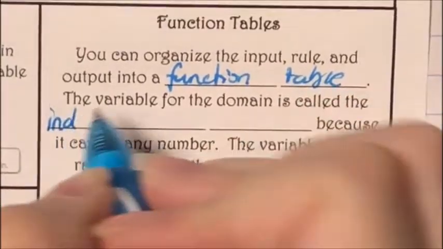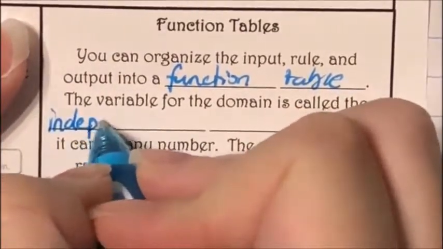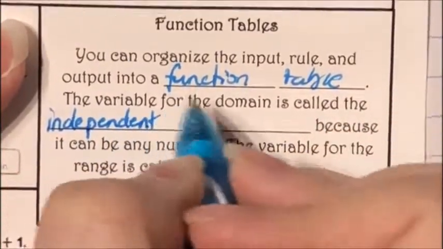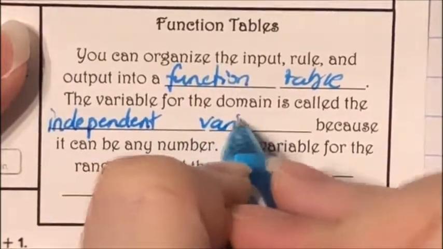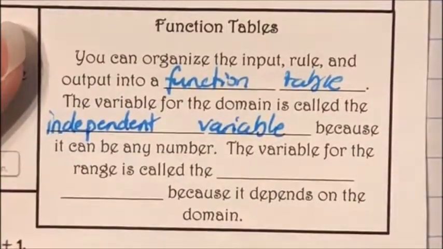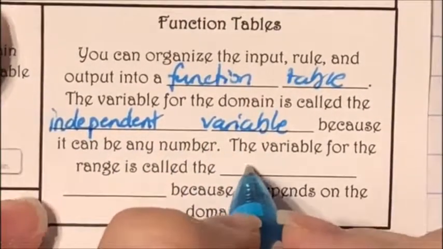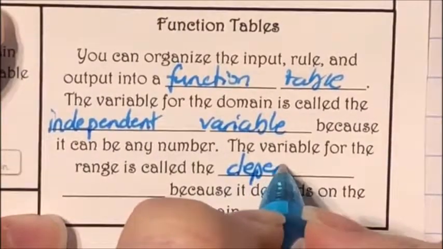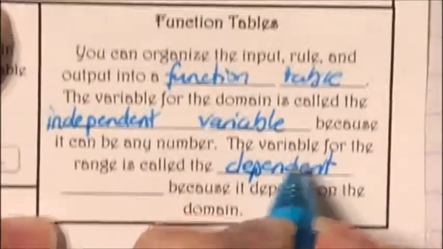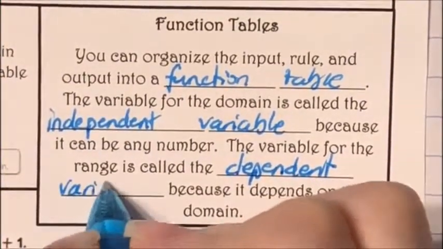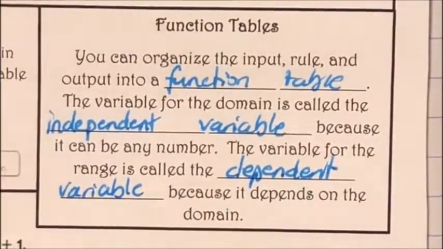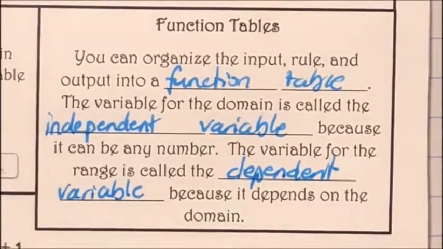It's the independent variable because it can be any number. The variable for the range is called the dependent variable because it depends on the domain.